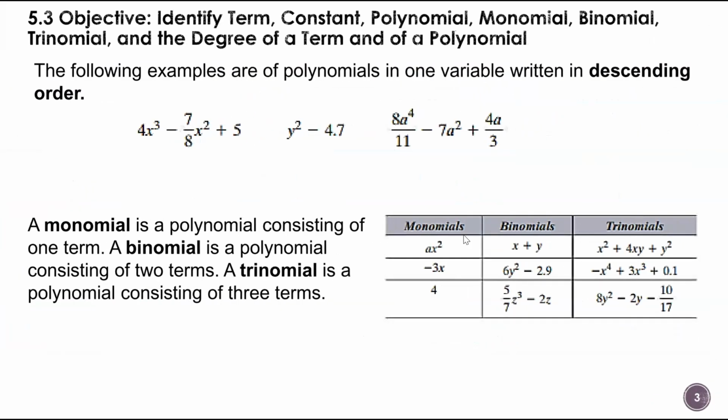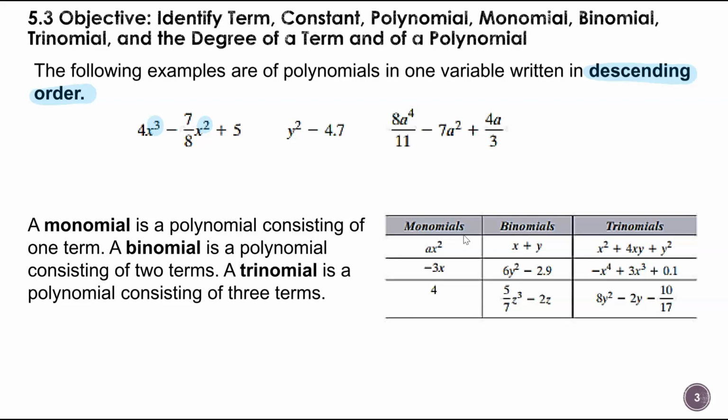Okay, here's some more. The following examples have polynomials in one variable written in descending order. Descending order has to do with exponents. We have the exponents 3, 2. The 5 doesn't have an exponent; if we did write it with a variable, it would be to the 0 power, and we don't write that.